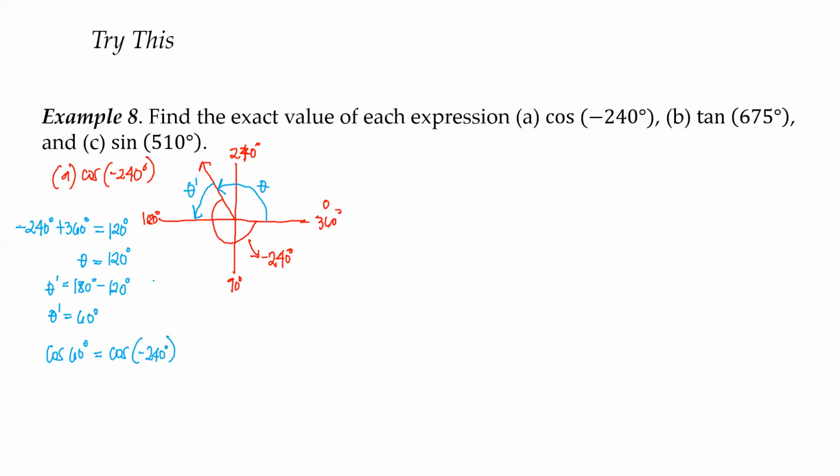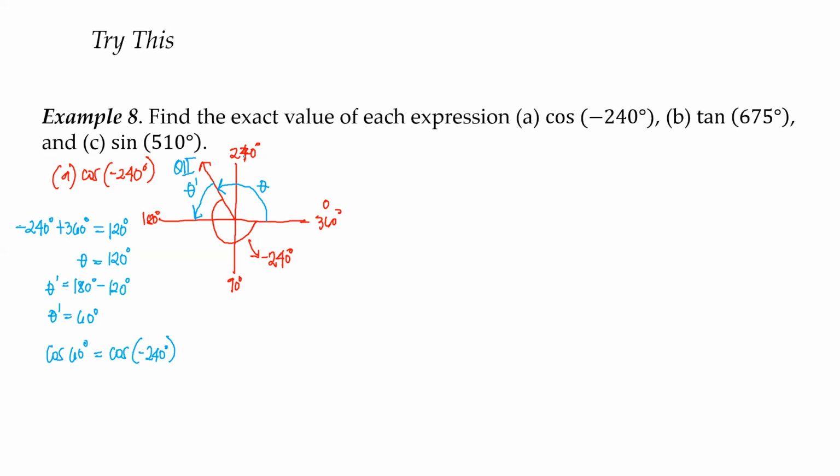Since cosine 60 is equal to 1 half, but take note where our angle is located. Negative 240 is in quadrant 2, for our standard position, and quadrant 2 has negative x, positive y.